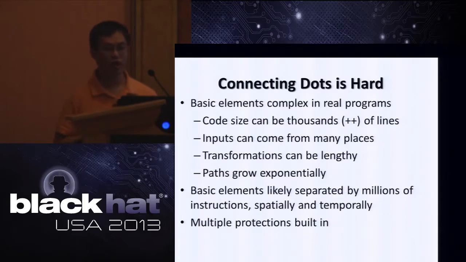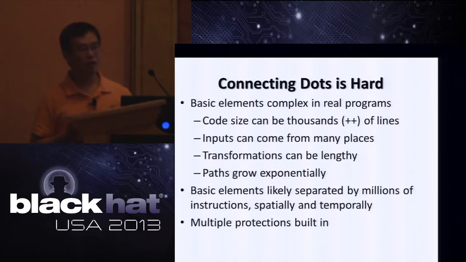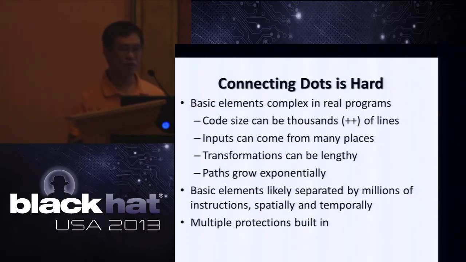It's at one place and happens almost one after another. But in real-world programs, all these basic elements can be complicated. For example, the code size can be big. The inputs can be plentiful and come from all different sources. The transformation code can be lengthy.